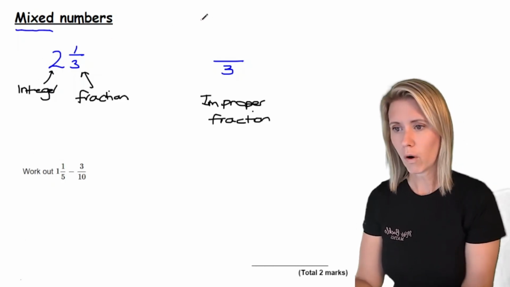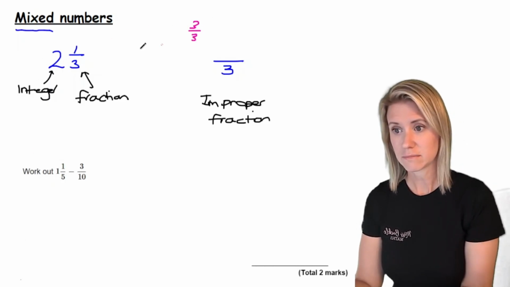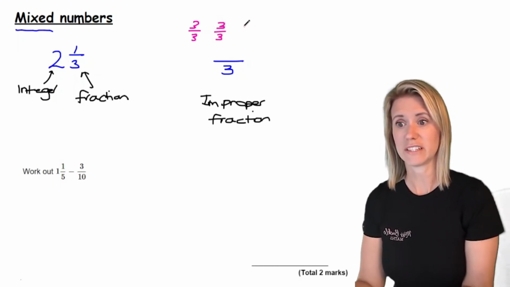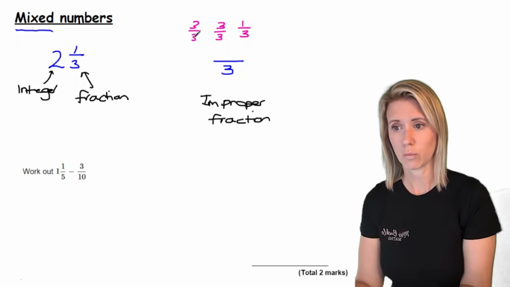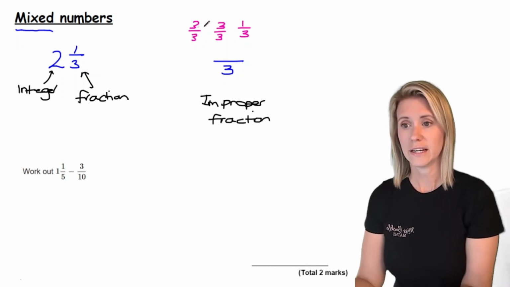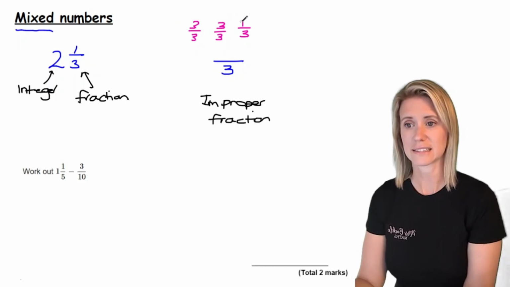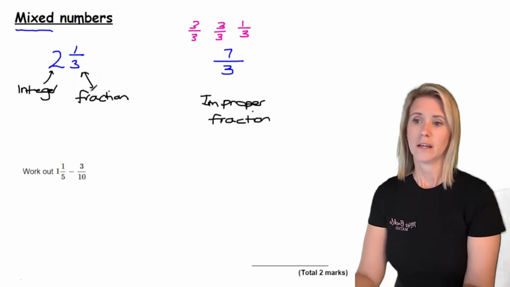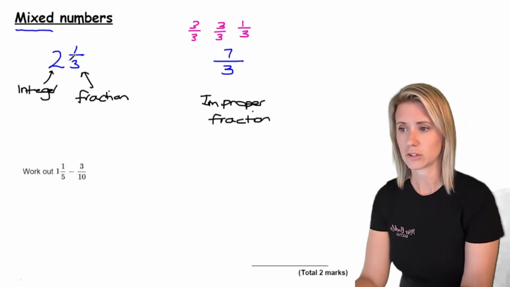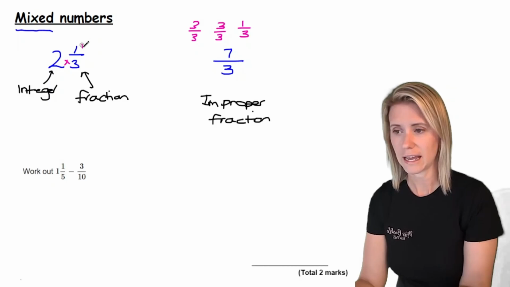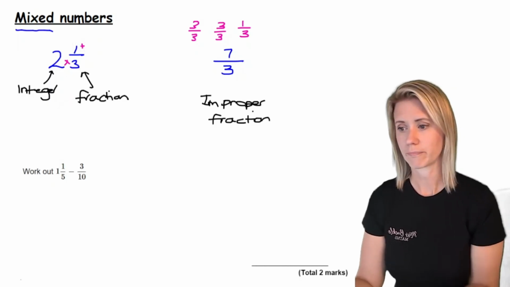Well, 1 is 3/3. We need another one, that's 3/3. And then we also have this third here at the end. So 1, 2 and a third. Now in total, how many thirds do we have? We have 3, 6, 7. A quick way of doing that is to do 2 times by 3, add the 1 on the top.